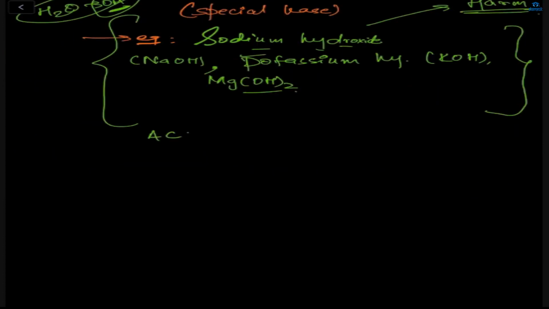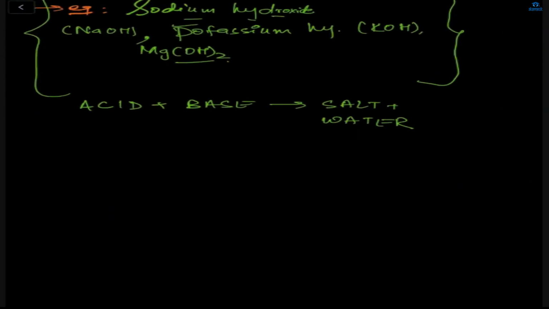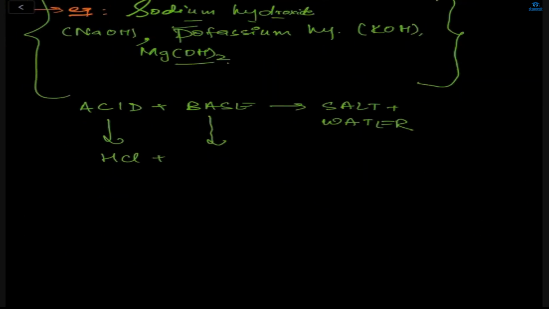Okay, let me write you the chemical equation. Acid plus base will give salt plus water. The acid is hydrochloric acid, HCl, and the base, let us take sodium hydroxide, NaOH. It will give salt, NaCl, and water, H2O.